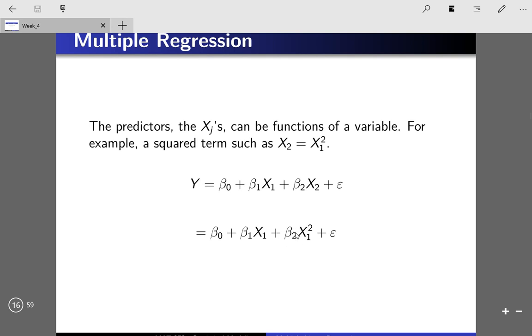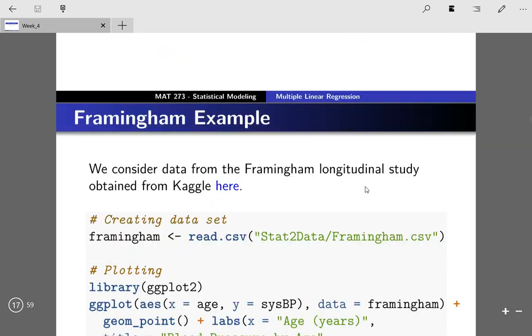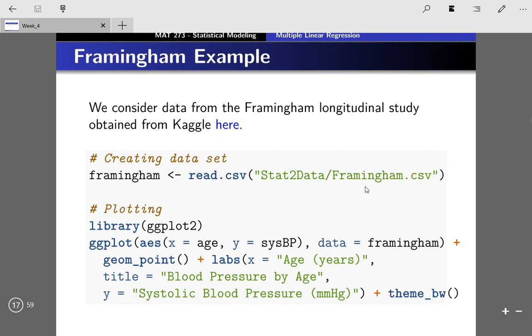And that gets its own regression coefficient, even though it's a function of x1. So you can think of it as just being its own predictor, its own new column in the data set, but it's actually just a function of x1. So this is our assumed regression model, which they call in the textbook a quadratic regression model.